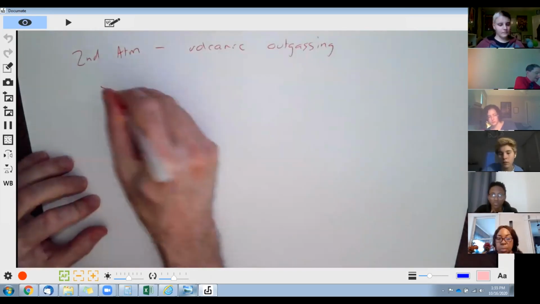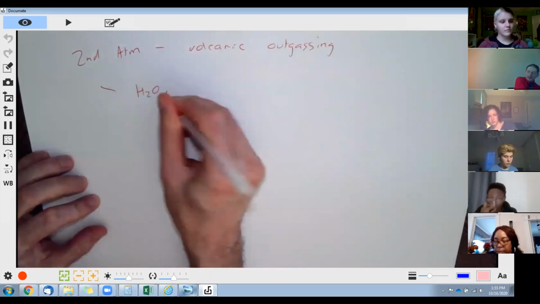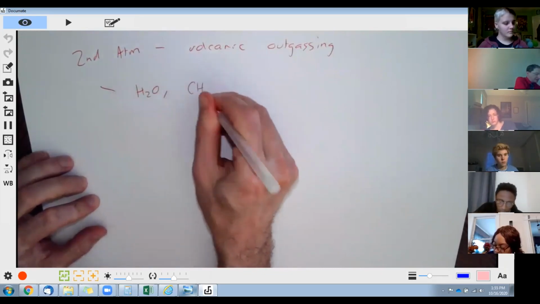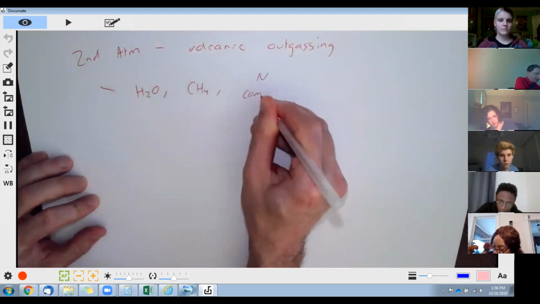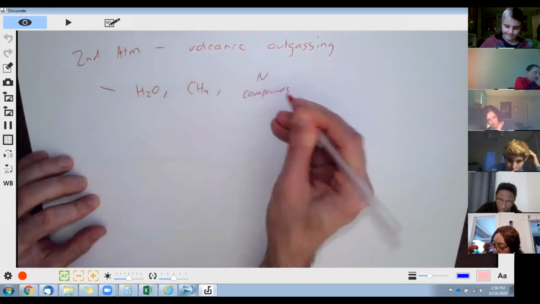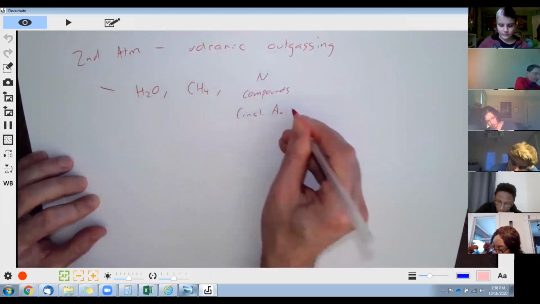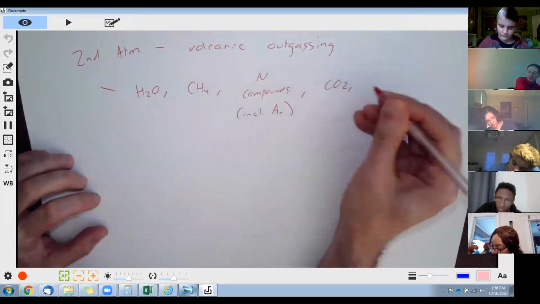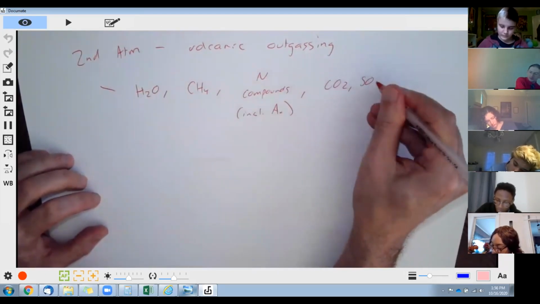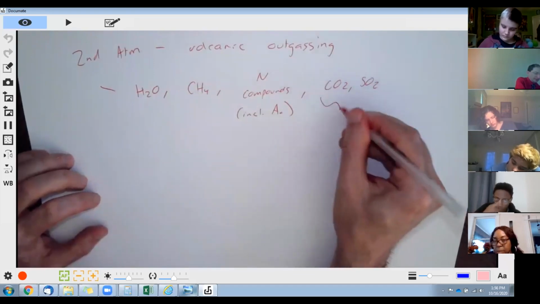Basically the following things. You have water, H2O. You have methane, CH4. You have a variety of nitrogen compounds, including ammonia. Then you have CO2, carbon dioxide, and SO2, sulfur dioxide.